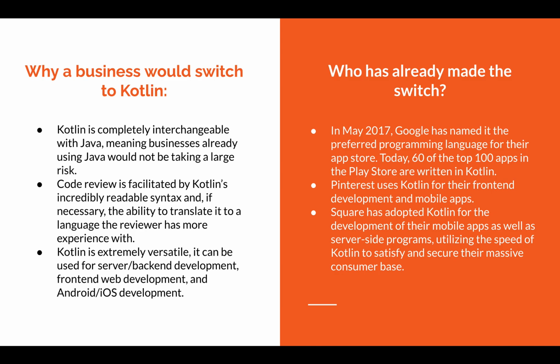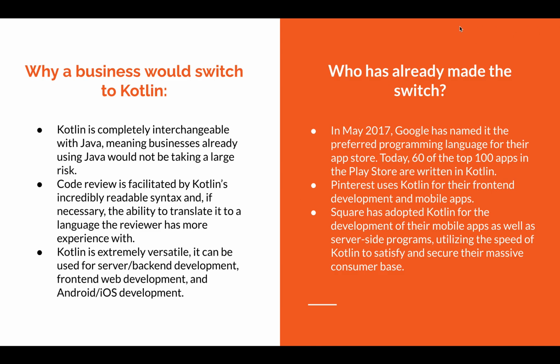Now, a crucial part of Kotlin is that it is extremely versatile. It can be used for back-end development, front-end web development, and primarily the way it's being used now is Android development and sometimes in iOS development as well.